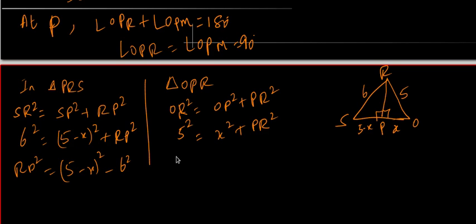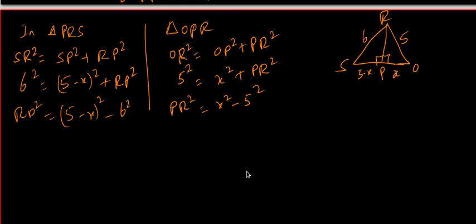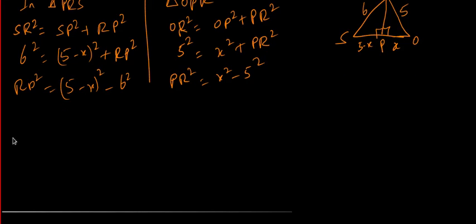Let me bring this unknown to the left hand side. So PR square equal to x square minus 5 square. In both of these equations, the left hand side RP square is equal, so we can equalize the right hand side: 5 minus x the whole square minus 6 square equal to x square minus 5 square.